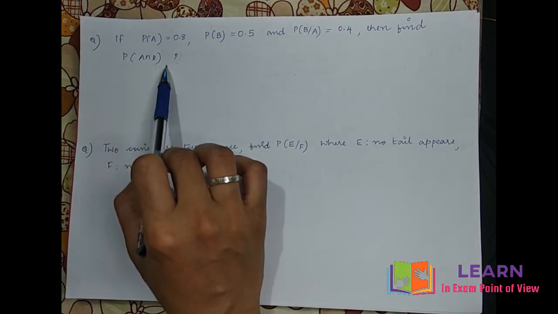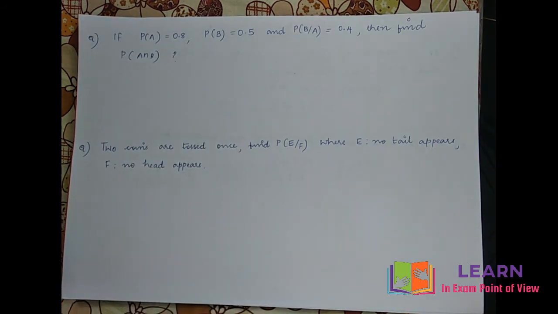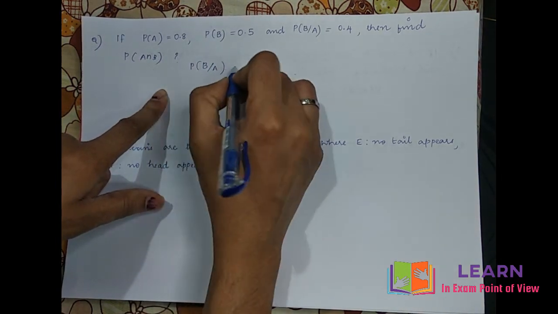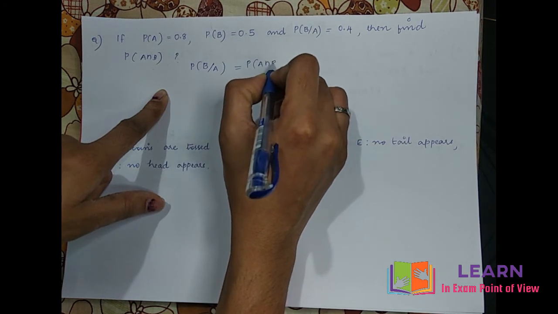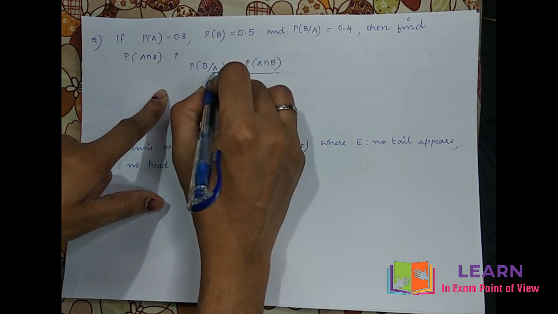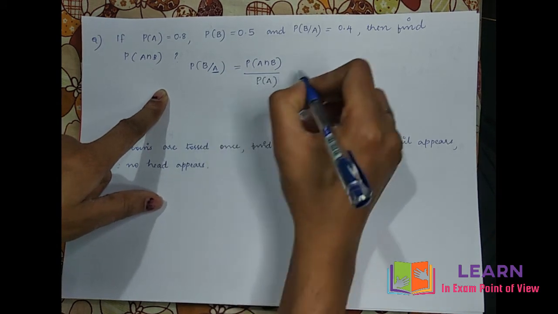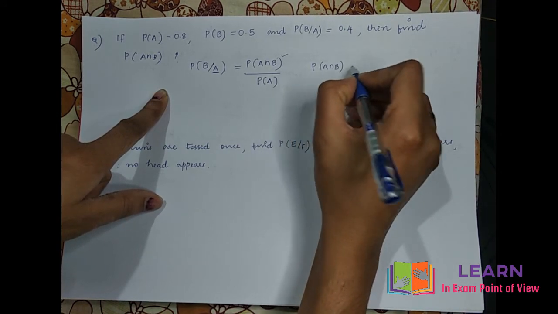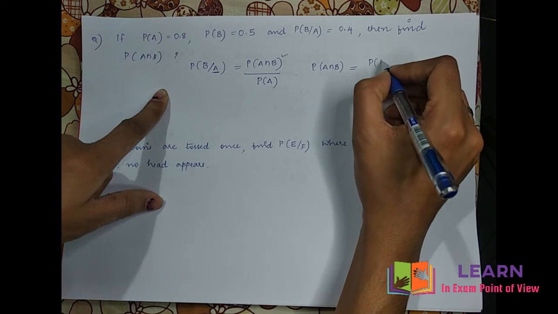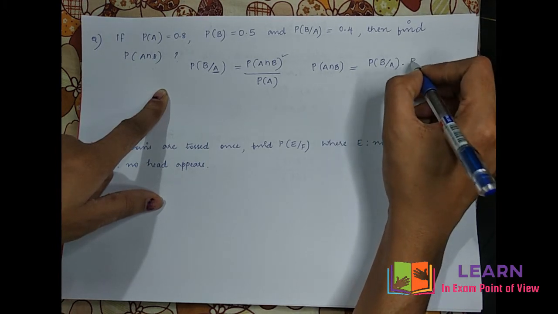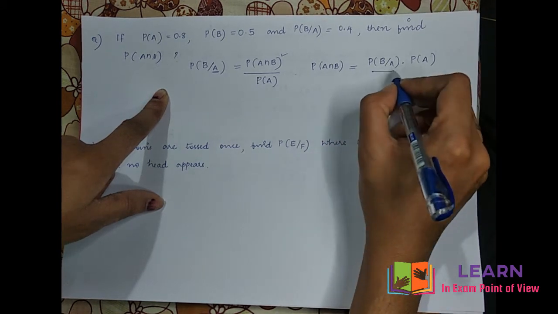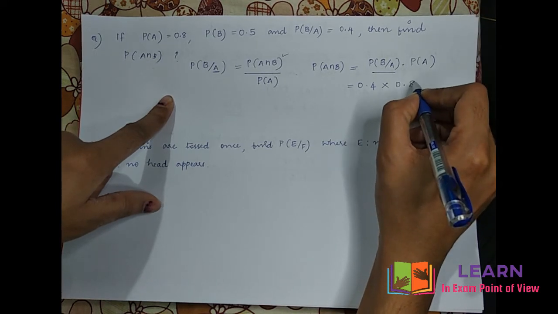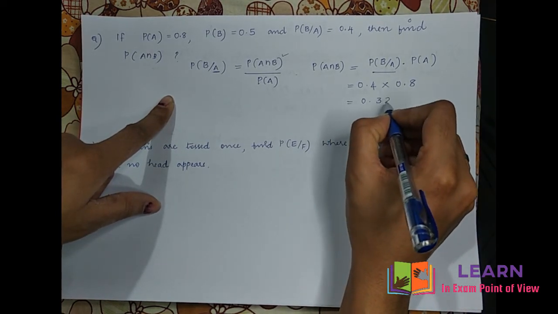Then we have to find A intersection B. First you can write the formula: P of B given A is P of A intersection B divided by P of A. We have to find P of A intersection B, so it will be P of B given A into P of A. That is 0.4 times 0.8, which is 0.32, right?